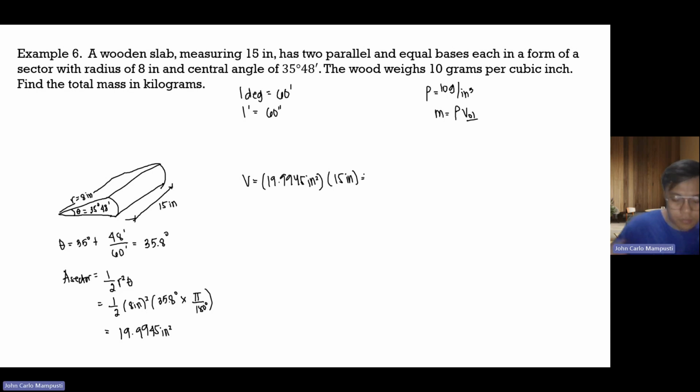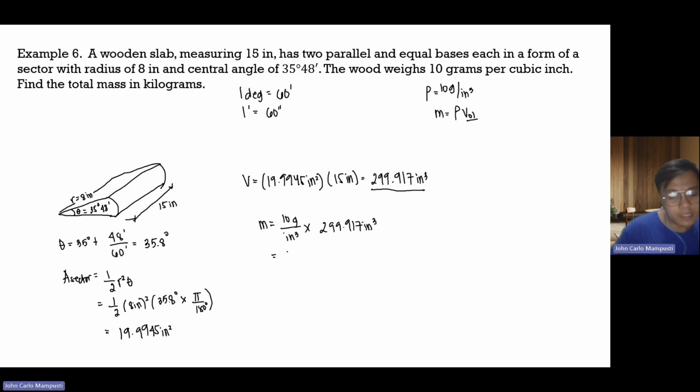This is equal to 299.917 cubic inches. Ito na ba yung answer natin? Hindi pa, no? So, kunin natin yung mass. This is equal to the mass density, 10 grams per cubic inch times volume na 299.917 cubic inches.